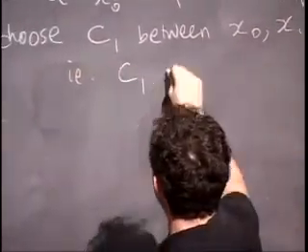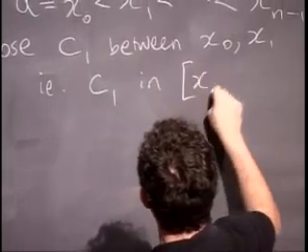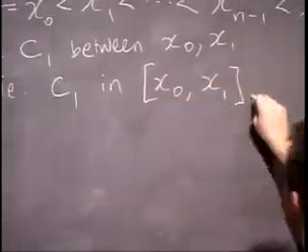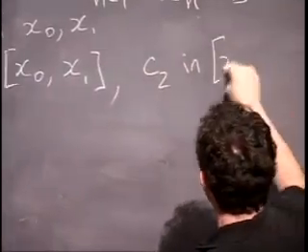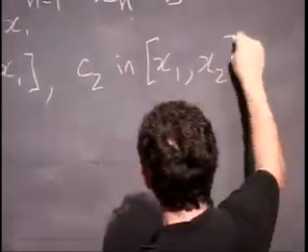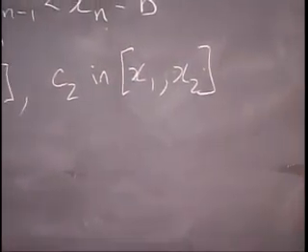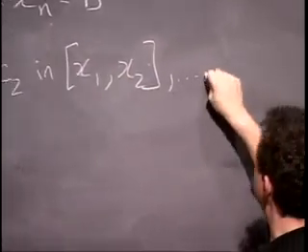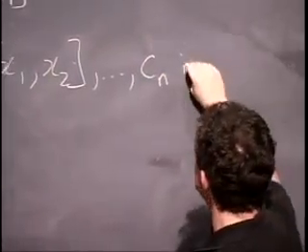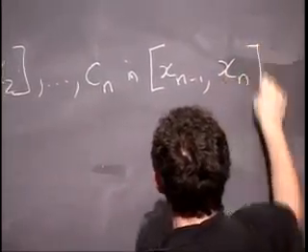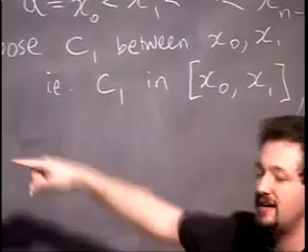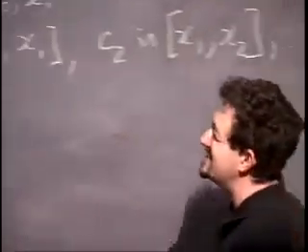We'll pick C1 in the interval x0 up to x1. And we're also going to pick C2 in x1 up to x2, even possibly including x1 or x2. And we'll continue to do that until we get Cn in xn minus 1, xn.